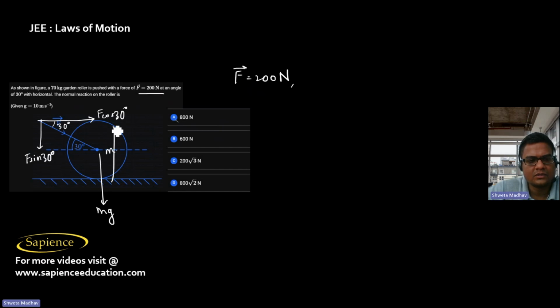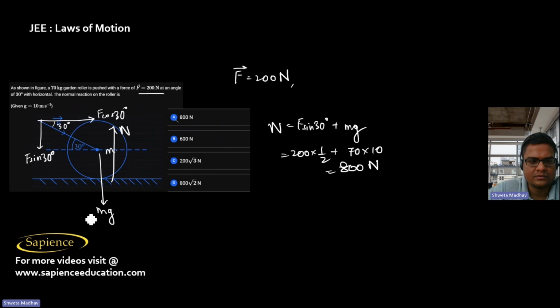So therefore the normal reaction will be equal to F sin 30 plus mg. So F is 200 into half plus mg means 70 into 10, that is 700 plus 100, that is 800 Newton. So option A is the correct answer.